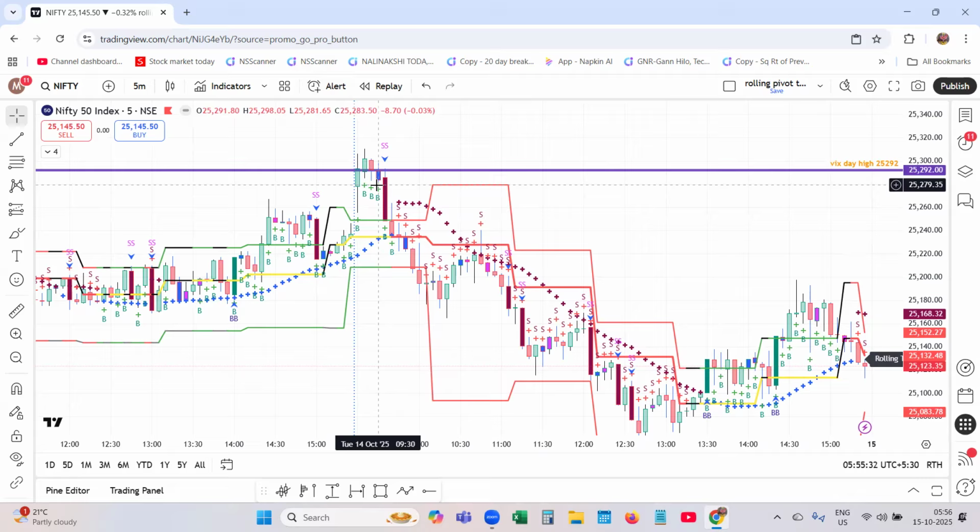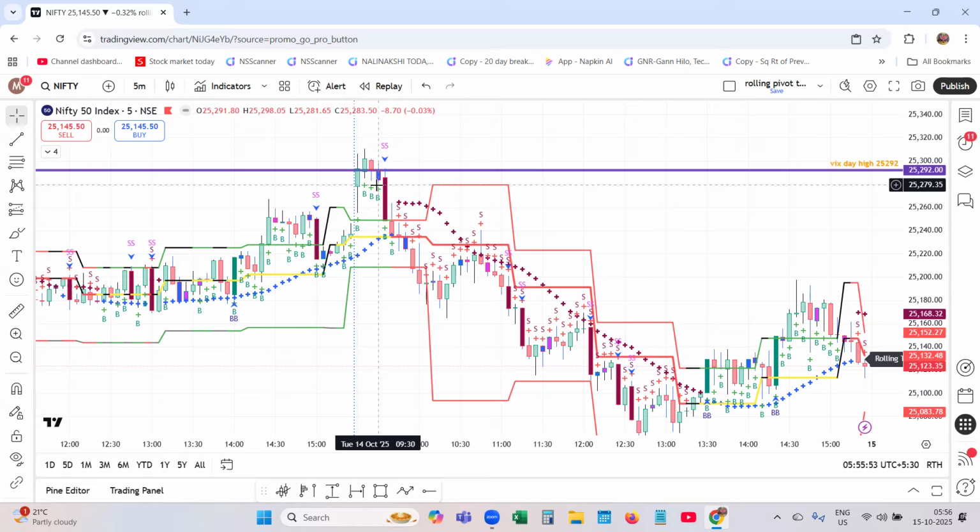To avoid that, I released an indicator with a shorter period Gann HiLo and also volatility contraction combined with CPR, central pivot range.